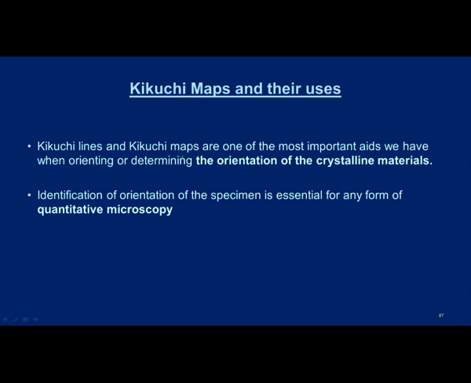The Kikuchi lines and the Kikuchi maps are one of the most important aids we have when determining the orientation of crystalline materials. Identification of the orientation of the specimen is essential for any form of quantitative microscopy. So, this is one major application here, quantification.